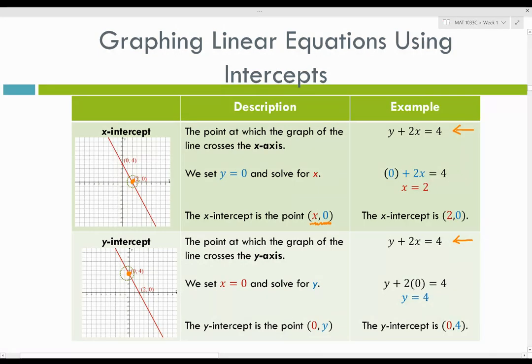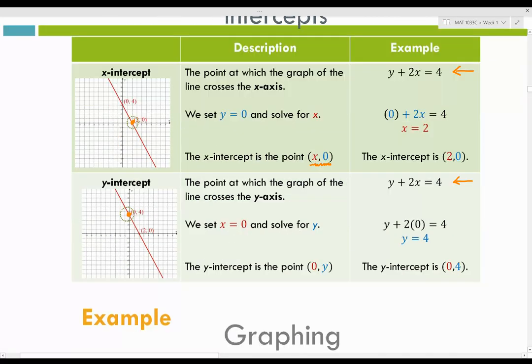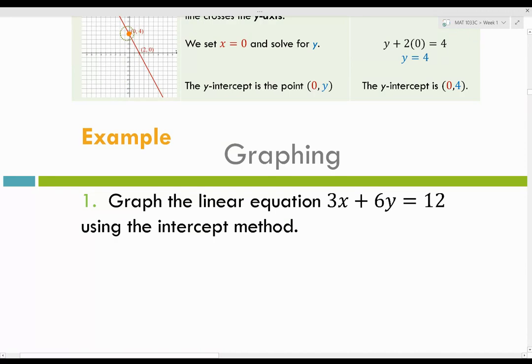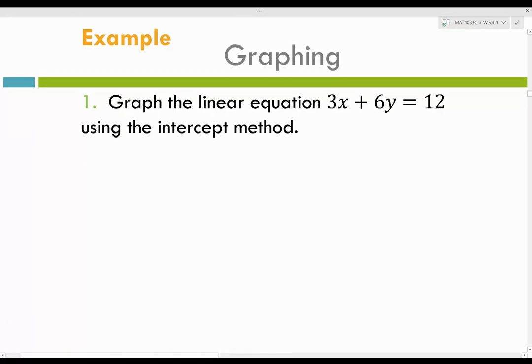So let's take what we just learned to see if we can graph a line on our own. In this example, it says graph the linear equation 3x + 6y = 12 using the intercept method. All that's telling you to do is find the x and y intercepts.